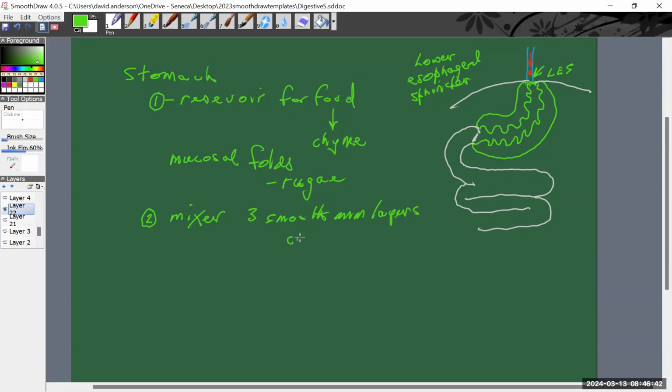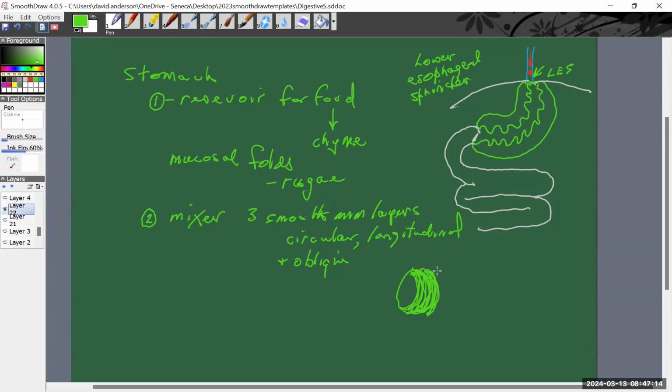So we're going to have a circular layer, which was typical. We'll have a longitudinal layer, which was typical. And we're going to have an oblique layer. So if we consider the stomach, the tube of the stomach this way, we would have a circular layer. And we know the circular layer will affect the lumen, the diameter of the lumen.